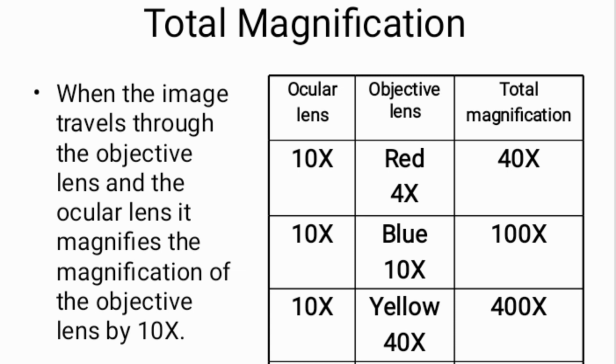So don't forget the simple formula: the total magnification is equal to the product of the ocular lens and the objective lens. Just multiply the 2 numbers, then you get your total magnification.